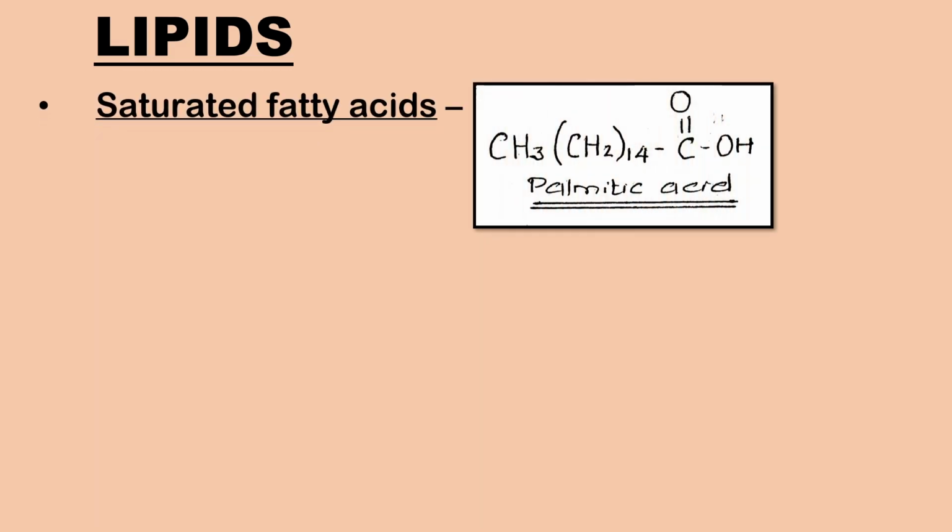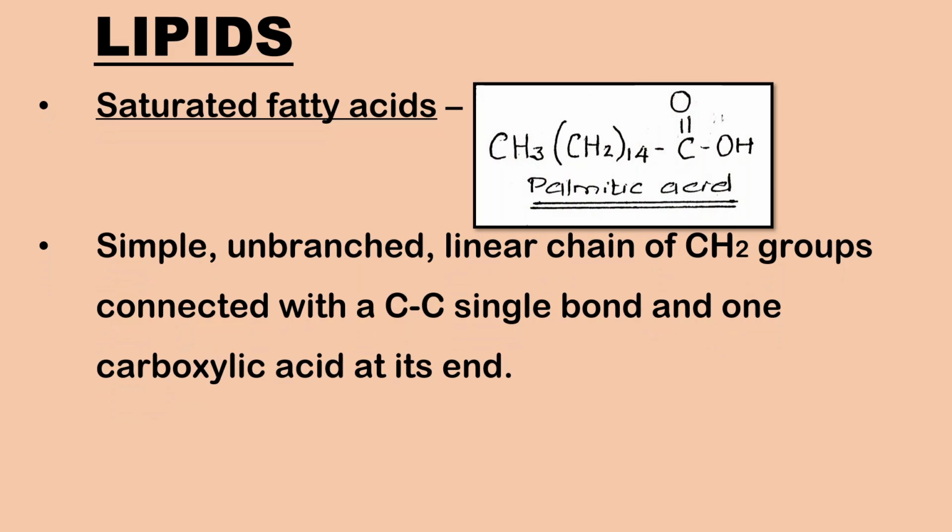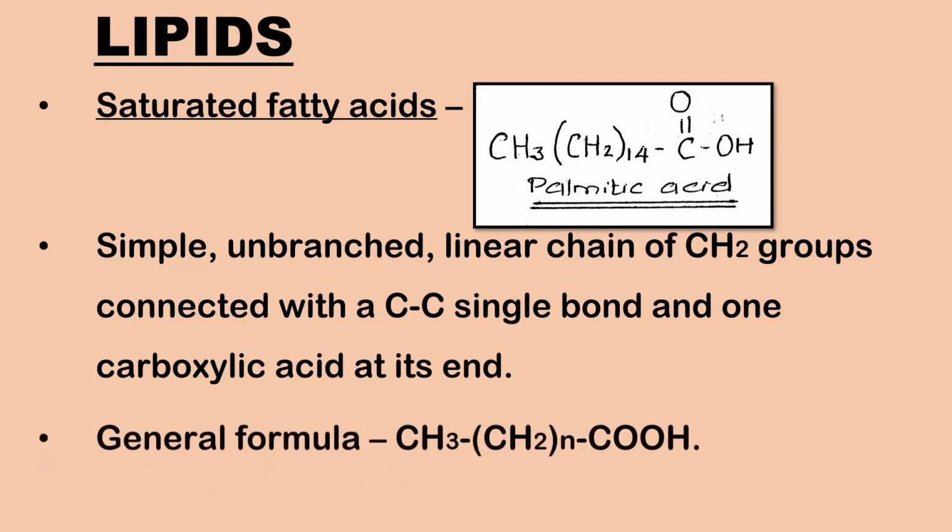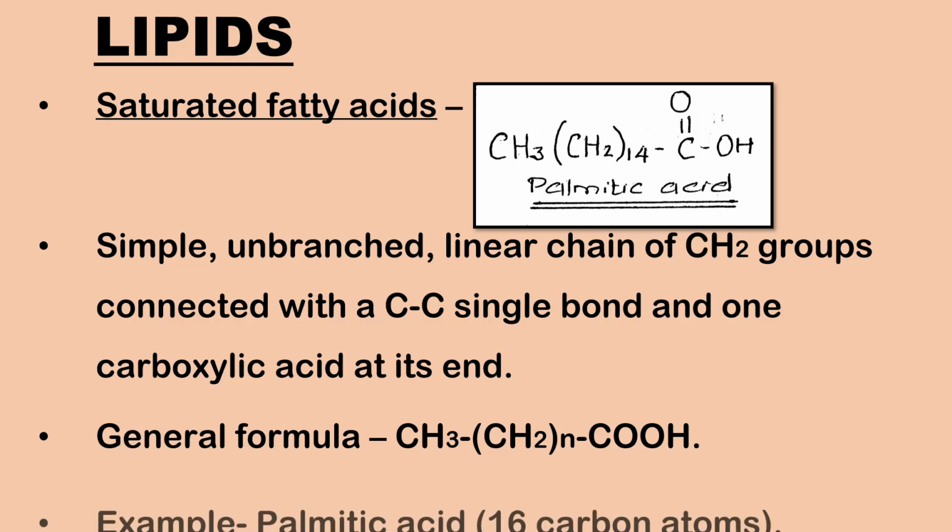Saturated fatty acids are simple, unbranched, and linear chain of CH2 groups connected with a carbon-carbon single bond and one carboxylic acid at its end. Their general formula is as shown, where N represents the number of methylene group.